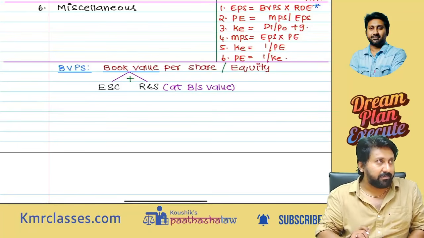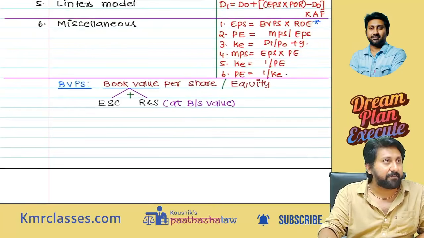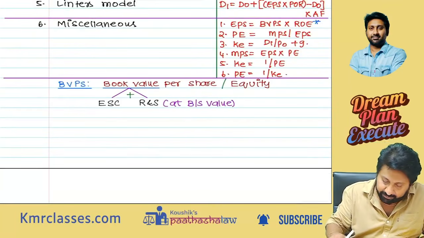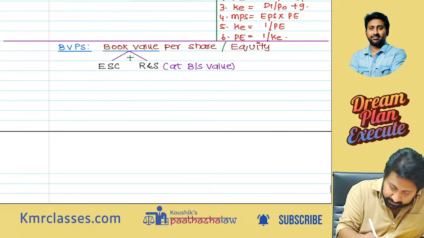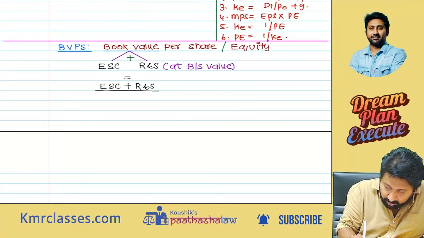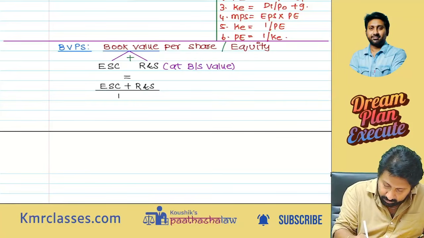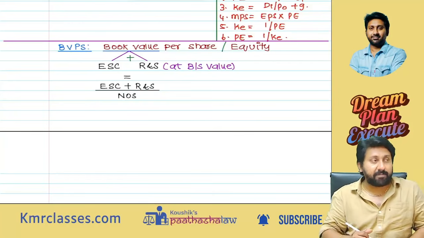Balance sheet value. So return on equity means return divided by equity. BVPS means equity divided by number of shares.